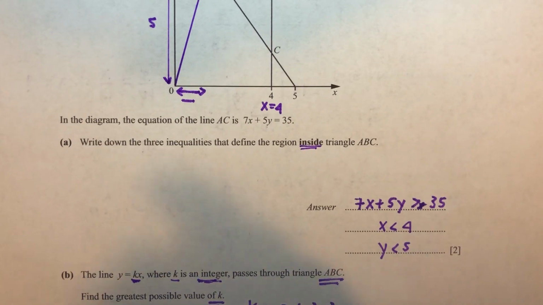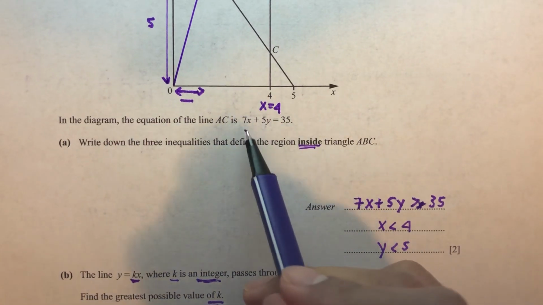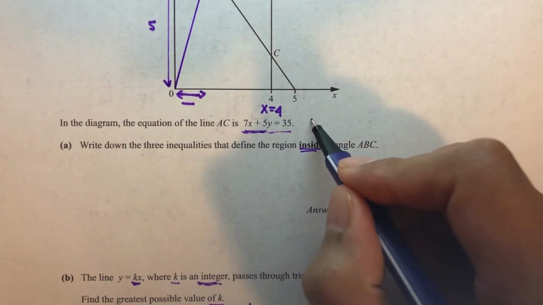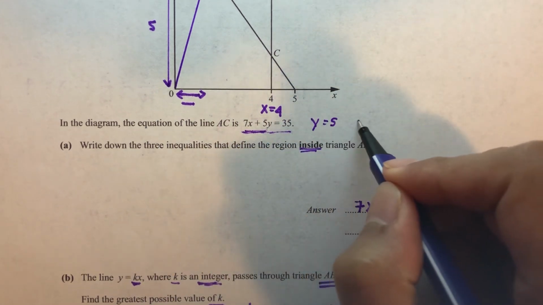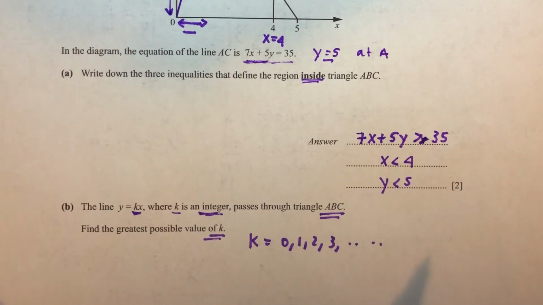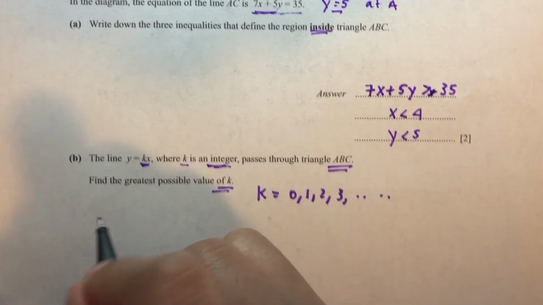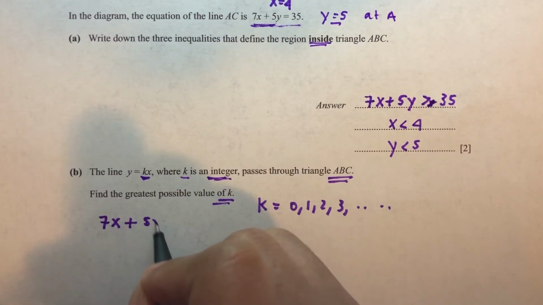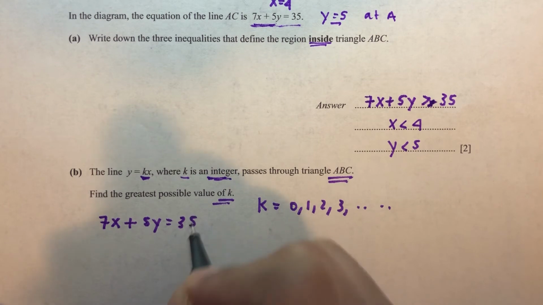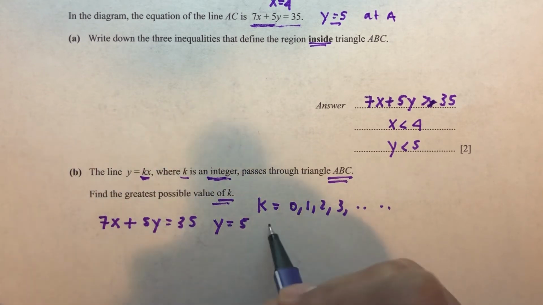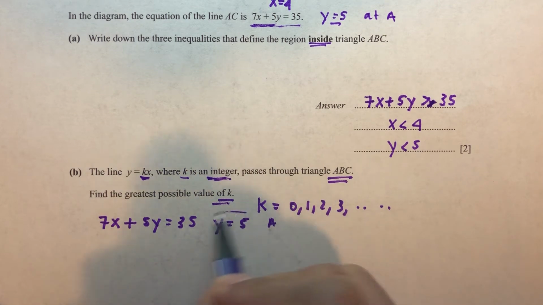So we can see that this line intersects the line y equal to 5 at A. So let's substitute to find the value of x. The equation of that line is 7x plus 5y equal to 35, and the line y equal to 5 intersects it at A. So replace y in this equation.